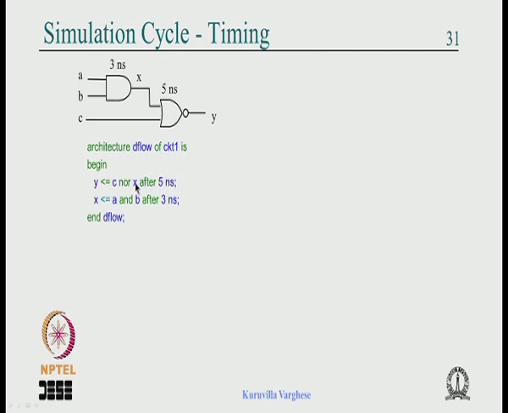If nothing else needs to be computed for 100 nanosecond, it will keep the events in order. So suppose the next event on A was at 200 nanosecond. Since there is an event on X at 103 nanosecond, simulation time is forwarded to 103 nanosecond, and it will look at the right hand side.